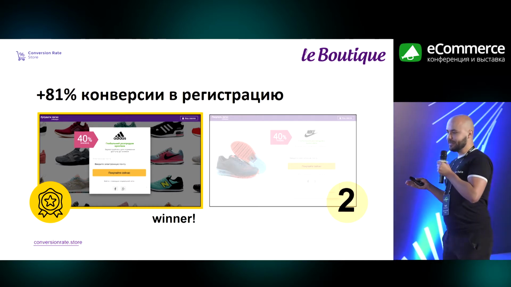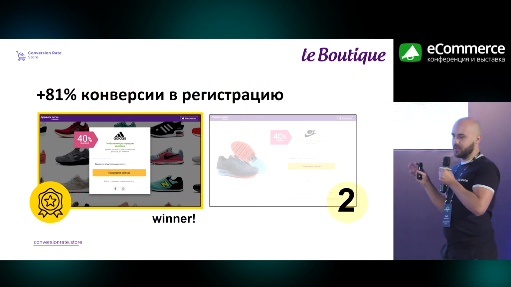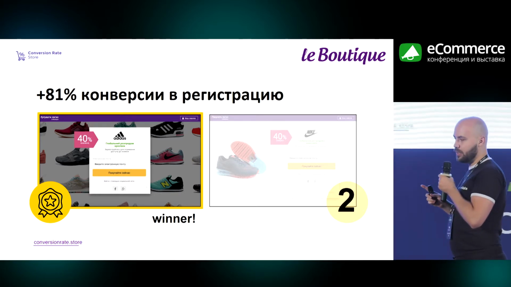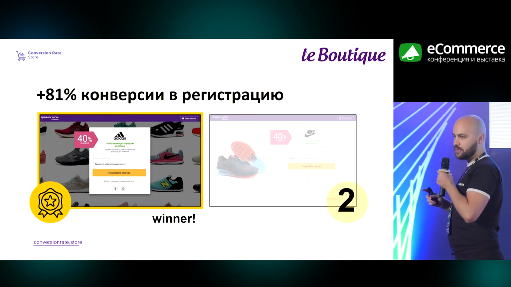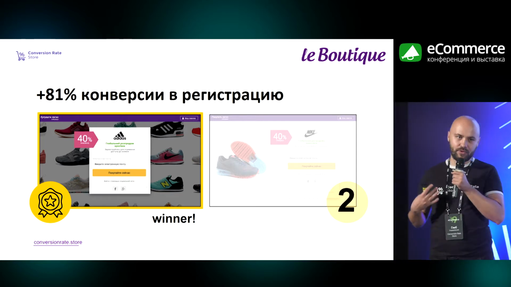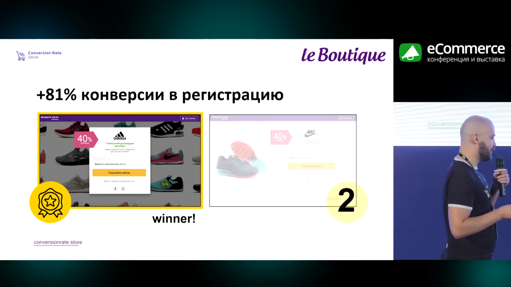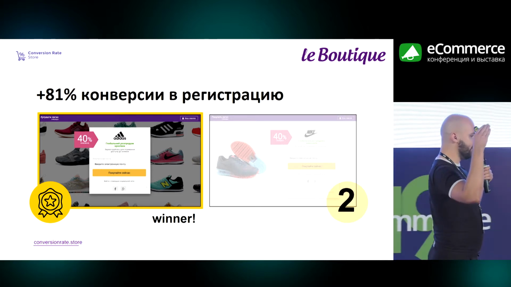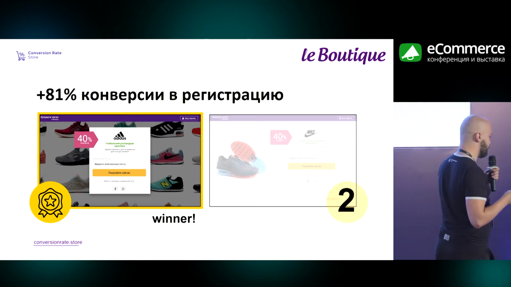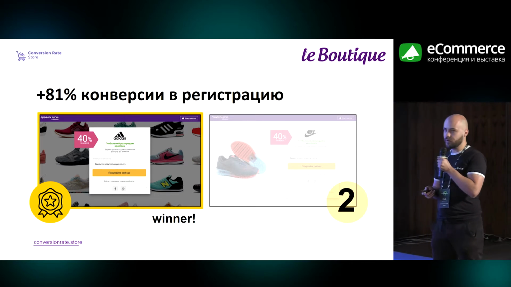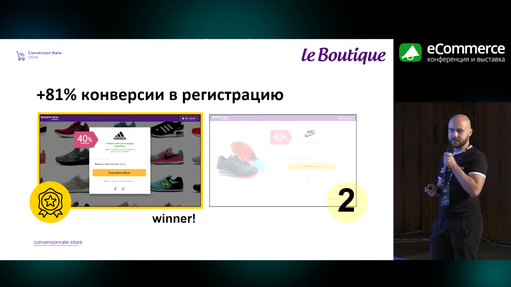In this case, the conversion rate growth was consistent for more than a year, 18 months. Maybe it works even now, but we checked for a period of 18 months, and it was still almost the same growth. 60% growth was still in place. Sounds good?